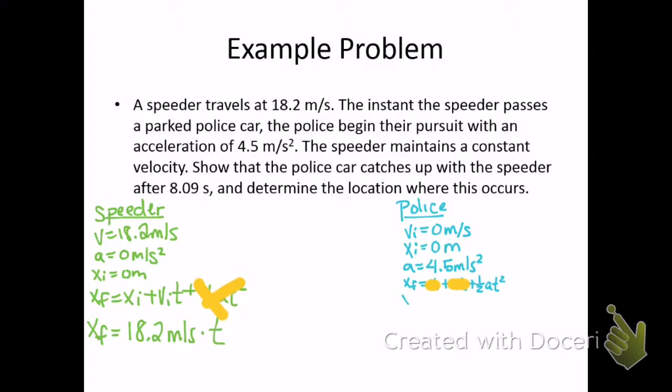So when I plug in all the rest of my information, my x_f is equal to 1/2 times 4.5 times t squared. Now I have both equations, and I can start plugging and chugging to verify that my numbers are the same.